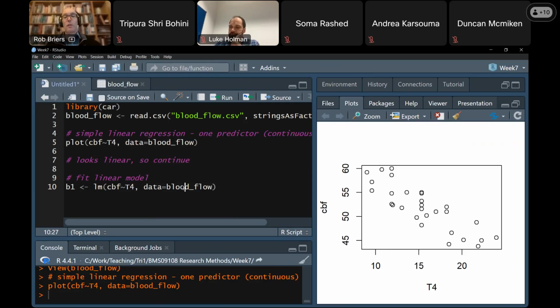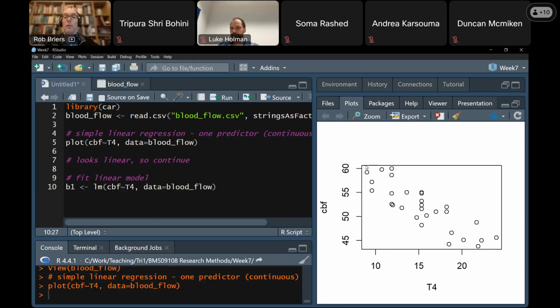The difference between regression and correlation is that regression fits a straight line to the data, between the response and the predictor. That straight line has an equation which allows you to predict for whatever value of your predictor. So for your T4 here, you could say, if for a value of 20, what is the predicted value of your cerebral blood flow?